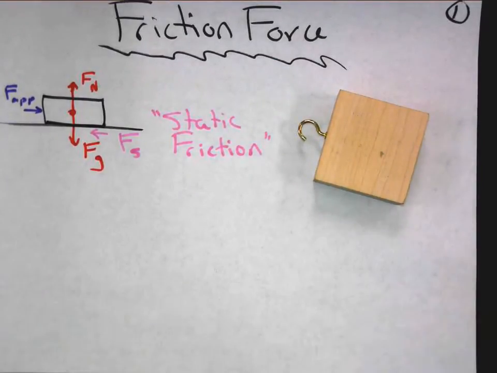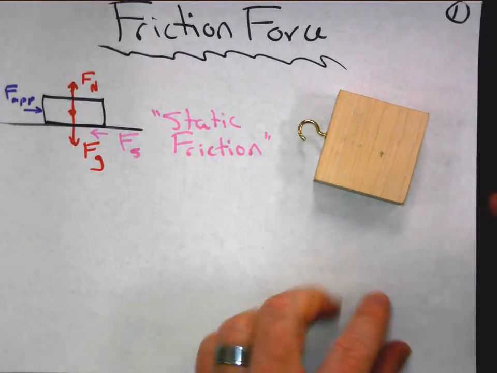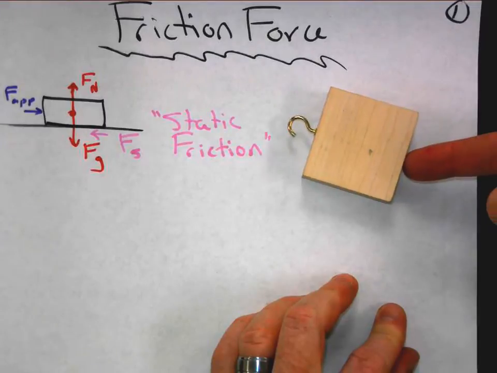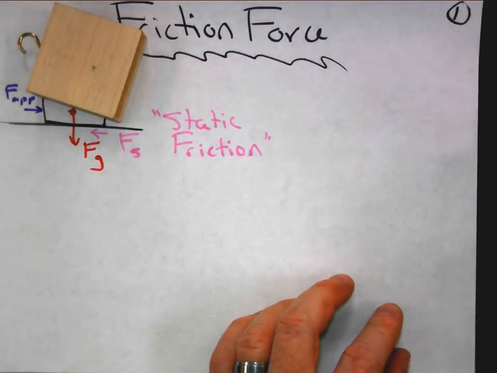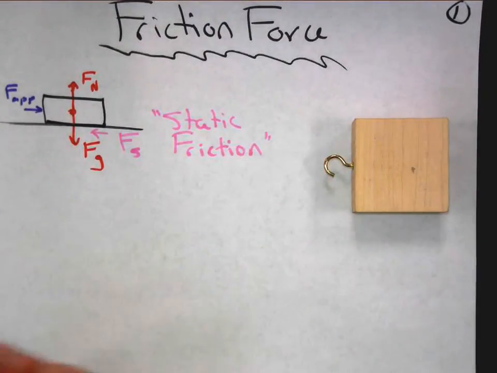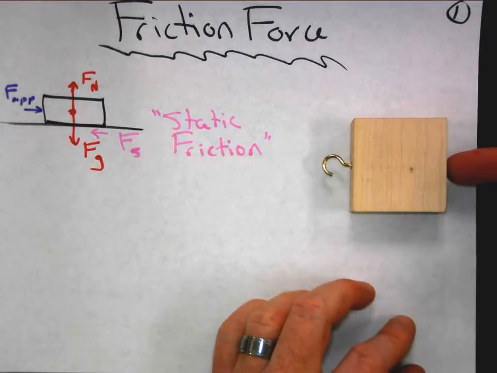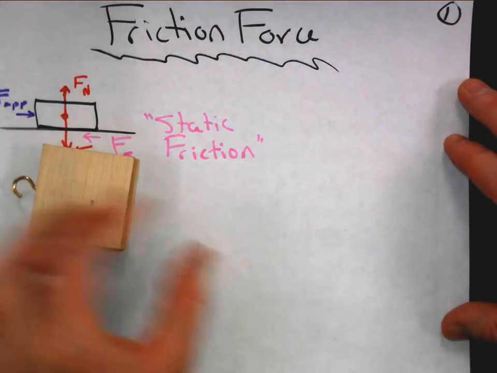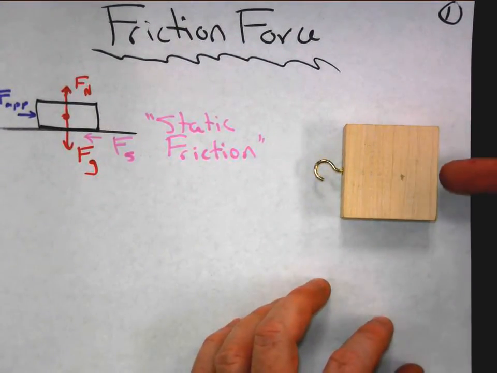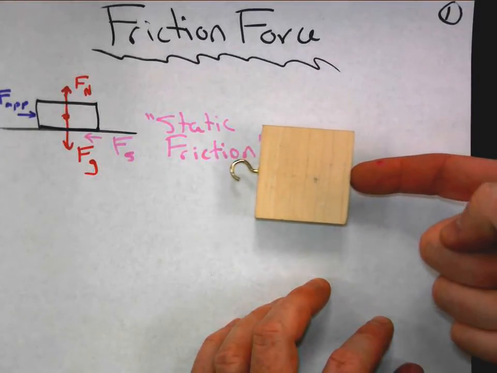Now, there's another situation. I could apply a force to it and get the block to accelerate. Then the forces are clearly unbalanced, and when they're unbalanced, I really have no way of saying much about the friction involved. But what I can do instead is push on it and move it at a constant velocity.